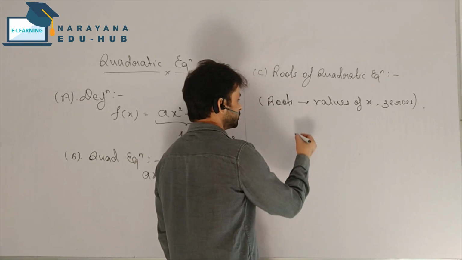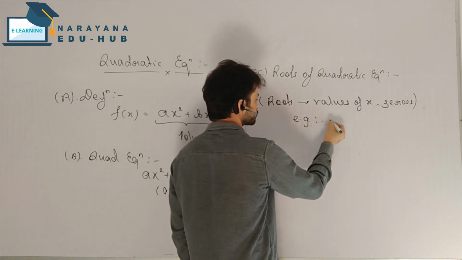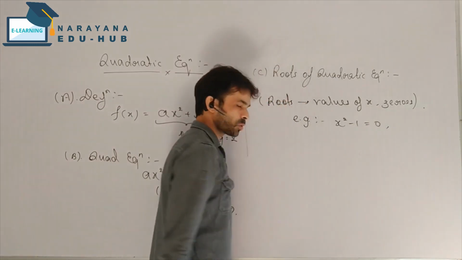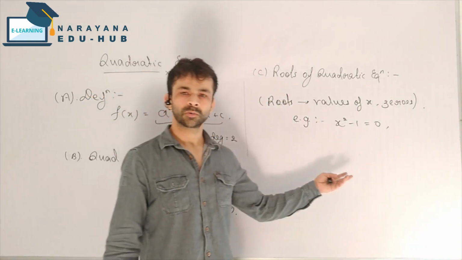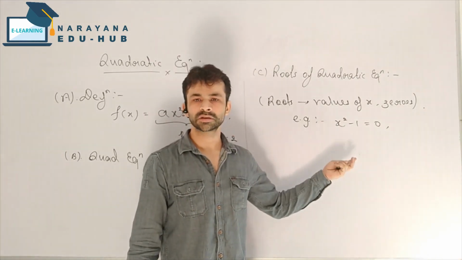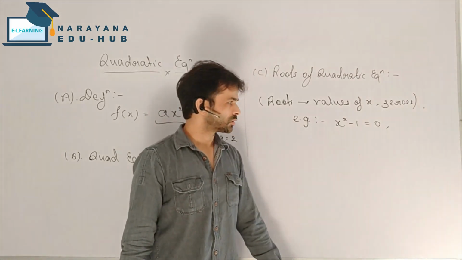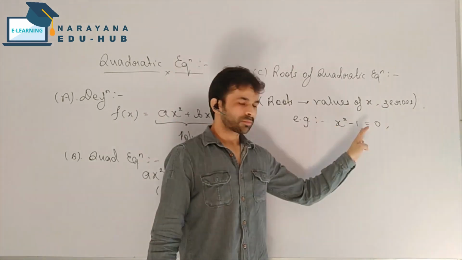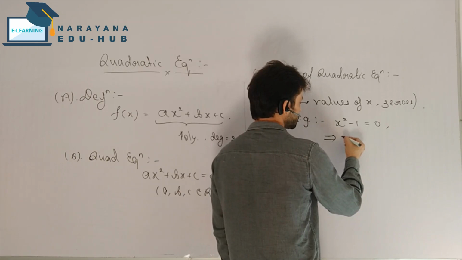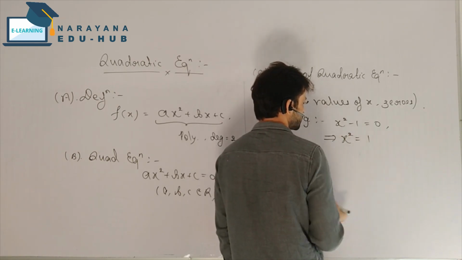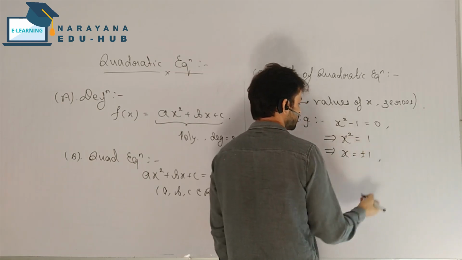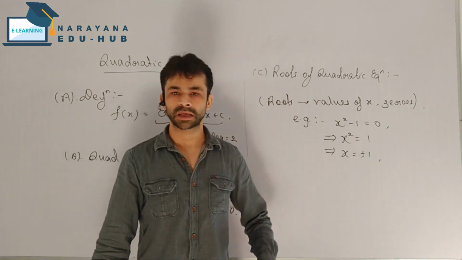For example, if I write x square minus 1, this is also quadratic. For any polynomial, values of x means roots. So if I write x square minus 1 equal to 0, what will be the values of x? You will get x square is equal to 1, so x equals plus minus 1. Two values you will be getting, plus minus.